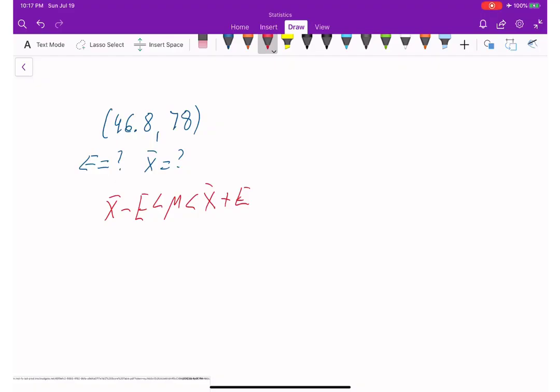So margin of error is equal half the width of confidence interval, which means margin of error is gonna be equal 78 minus 46.8 and divide by 2.